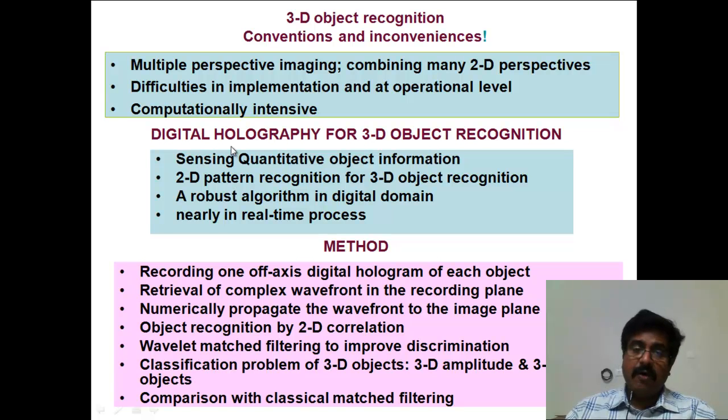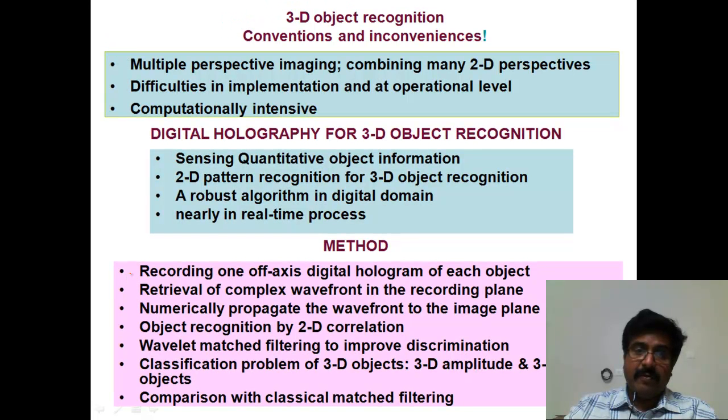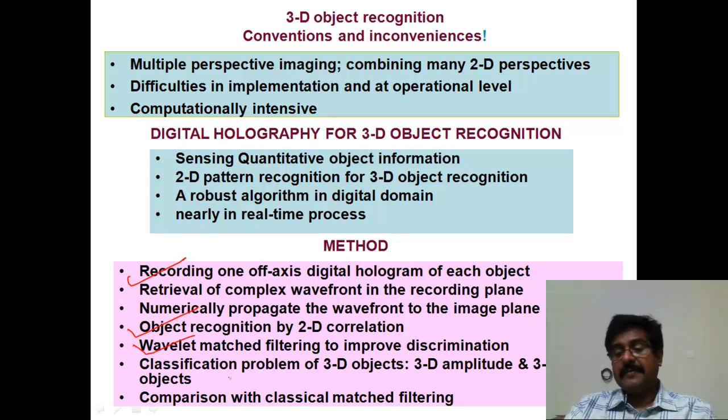In this, the object information is retrieved from a single off-axis hologram, and wavelet based image processing can enhance the performance of the correlator, and the object recognition is done by 2D correlation methods of the three-dimensional information. And finally we can compare the performance of classical matched filtering and wavelet based matched filtering technique.